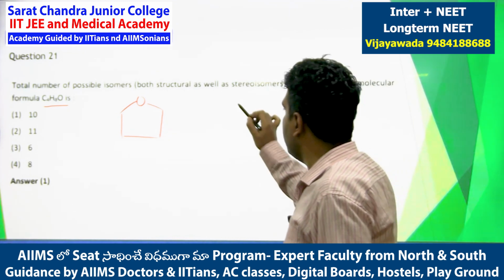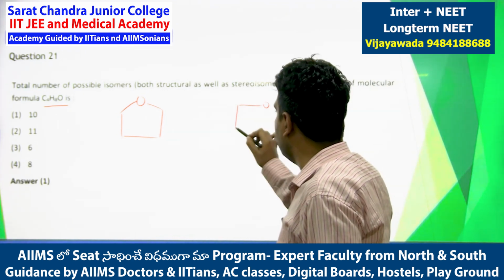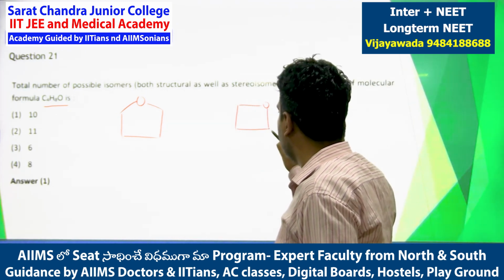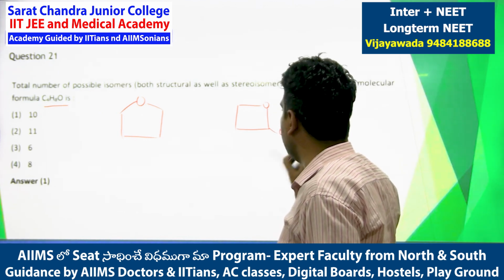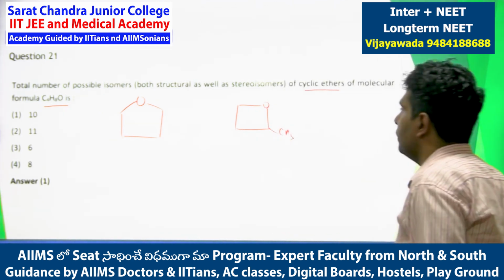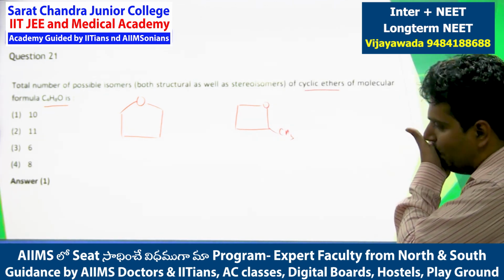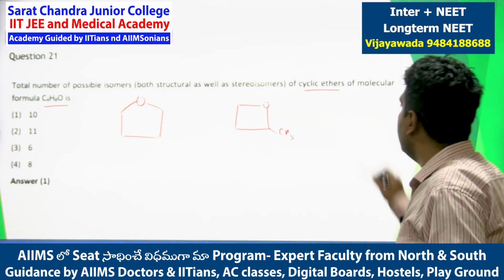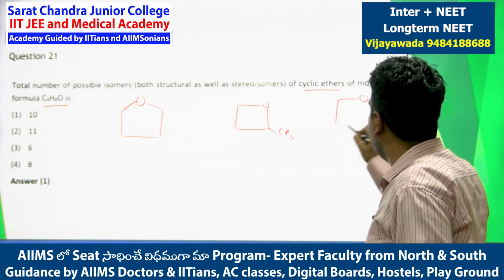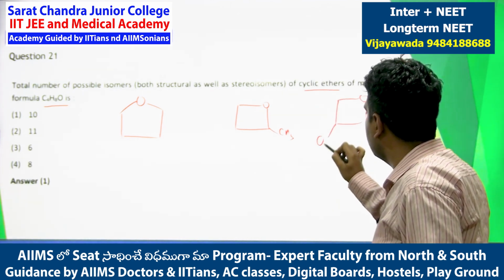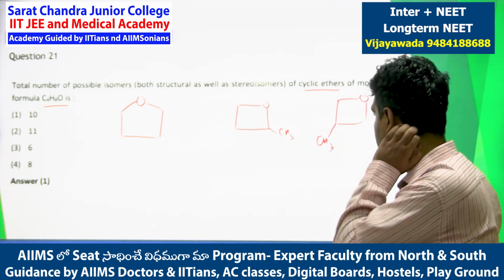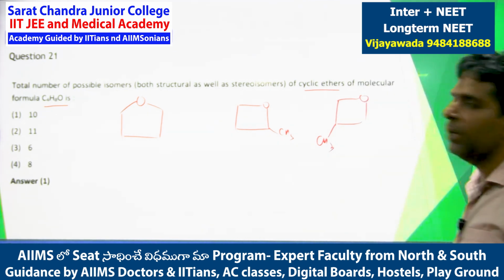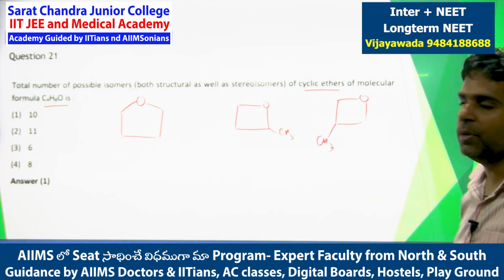Then the second one, we can have a cyclic ether like this with one CH3 group. Then we can put this CH3 group over here. So including structure, these two are structural isomers.